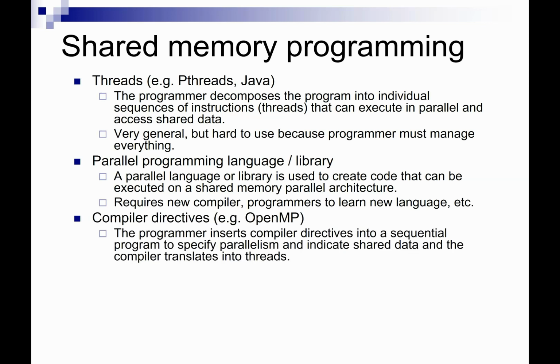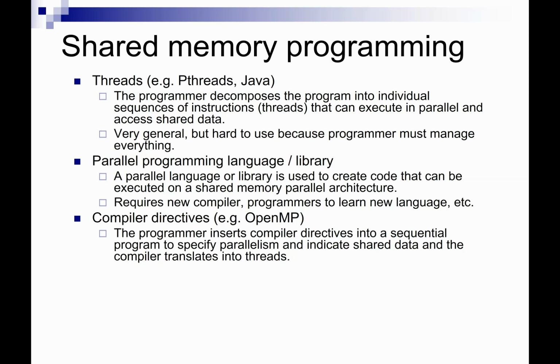A third option is to use something called compiler directives. For example, OpenMP uses compiler directives, and in fact, this is the most popular option right now. The main reason is that you just write a normal sequential program, let's say in C or Fortran, and the compiler directives are little, very simple annotations that tell the program when you want to do certain things in parallel.